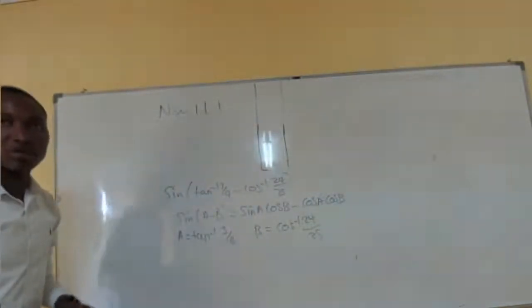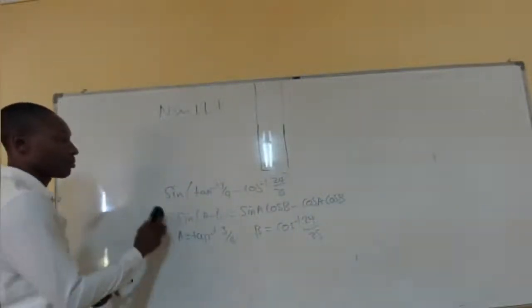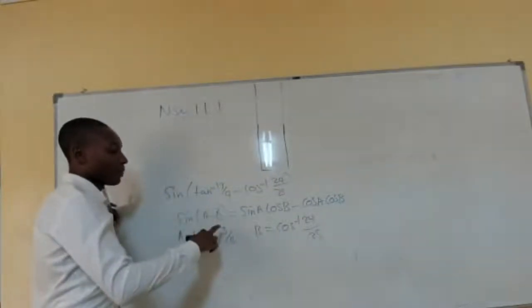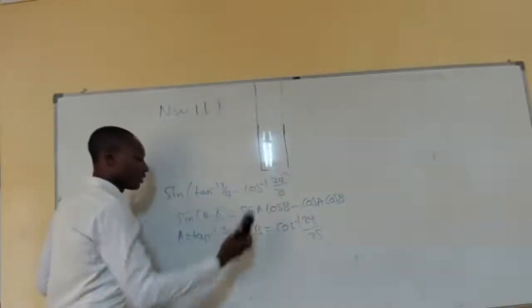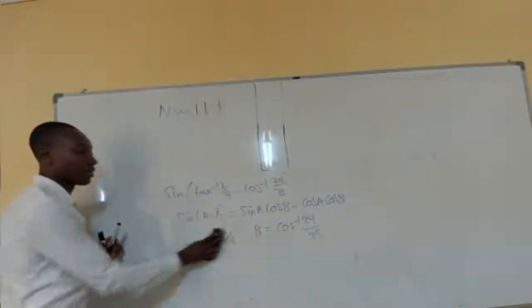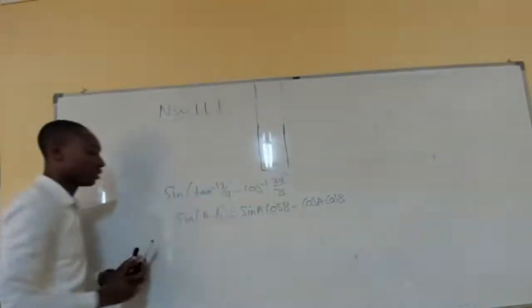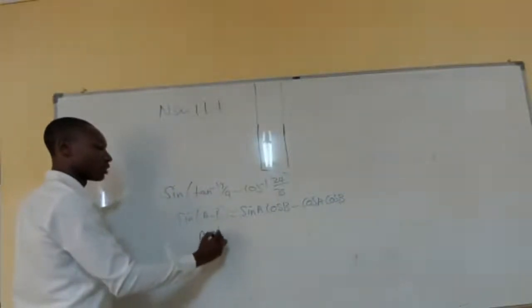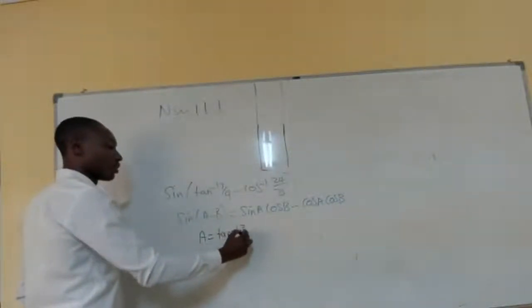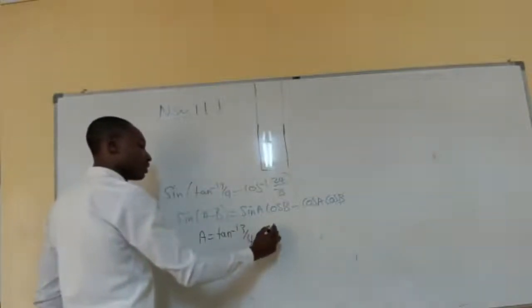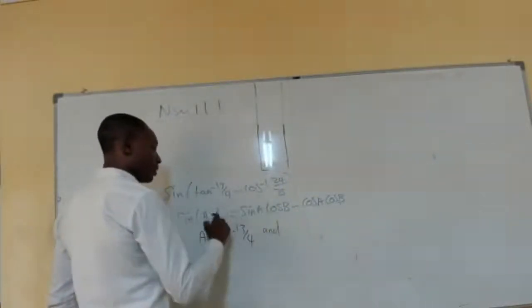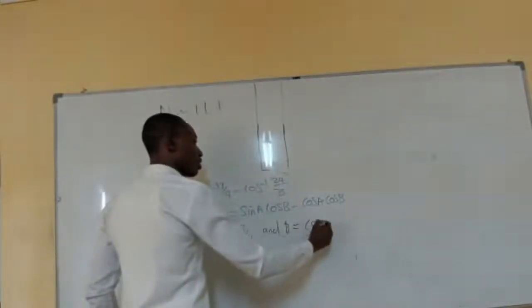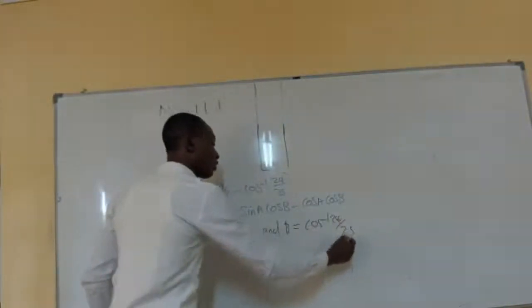So that's what you have in that question. Comparing these two, A is tan inverse of 3 over 4 and B is cos inverse of 24 over 25, right?